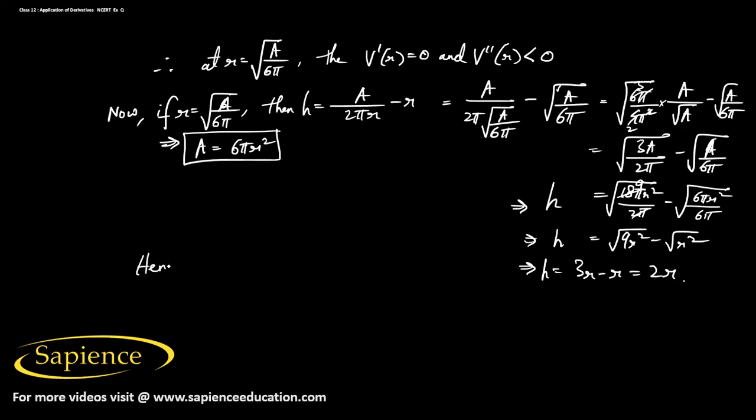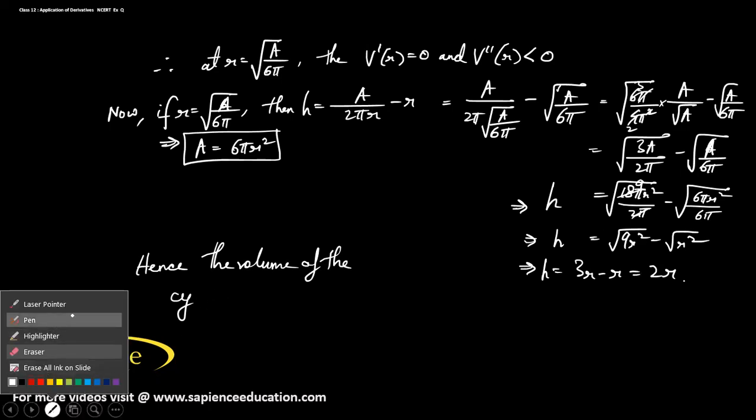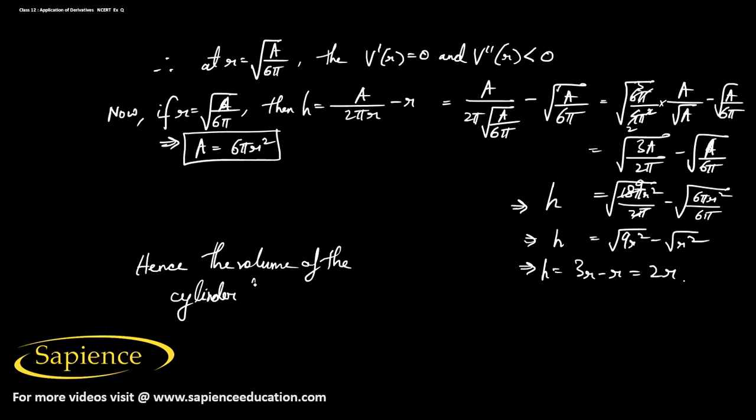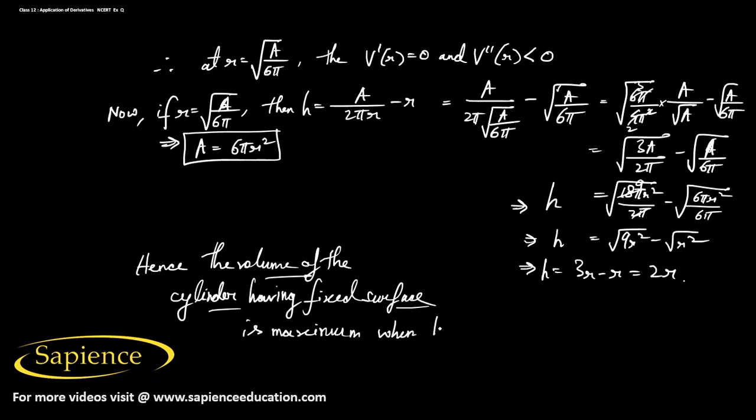So hence we can say that the volume of the right circular cylinder having fixed surface is maximum when h is equal to 2r.